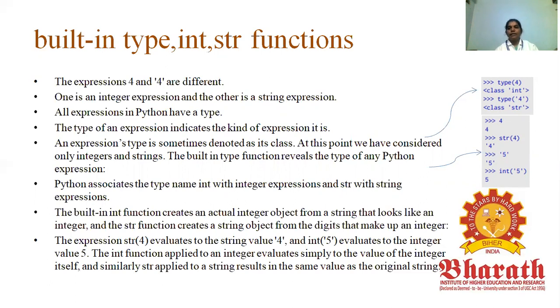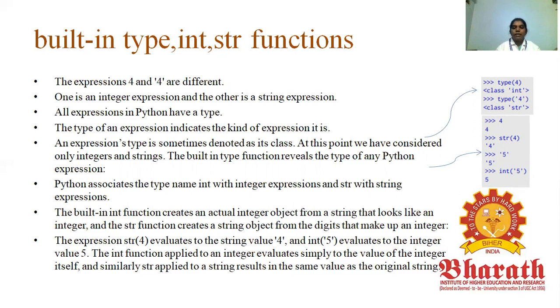Type means nothing but data type. An integer expression has the type integer, and a string expression has the type str, which means string data type. The type of the expression indicates the kind of expression. The expression type is denoted as its class.